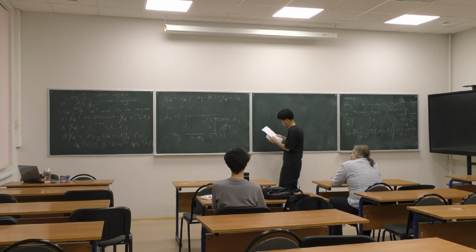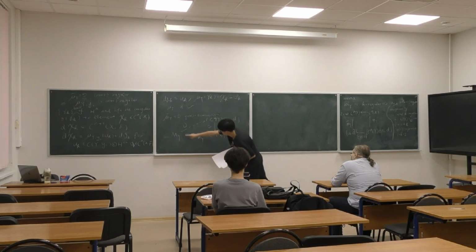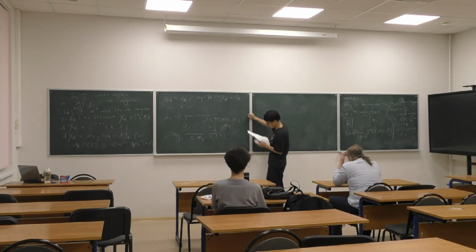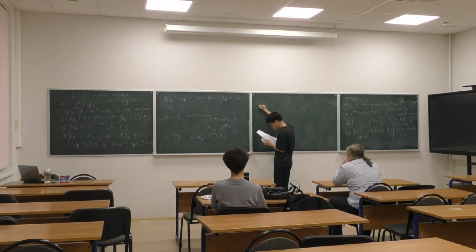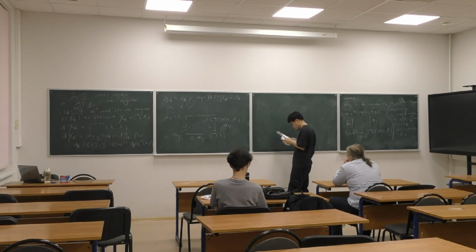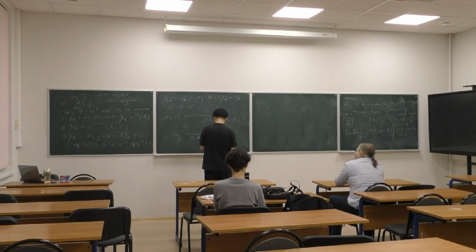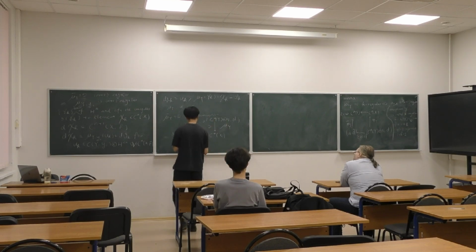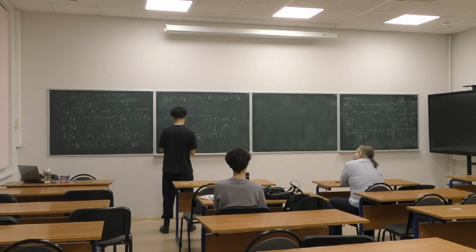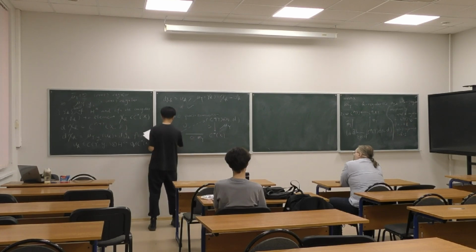So now we have a map from My to C star y tensor H, and what we want. And we can also use the property of the symmetry module. So this is a symmetry module.